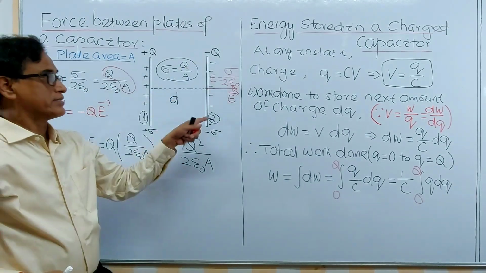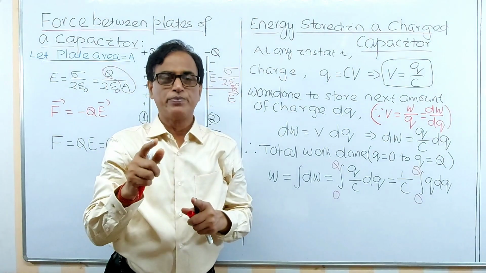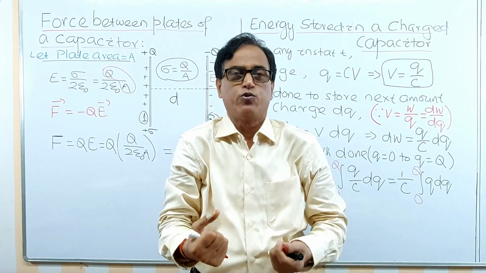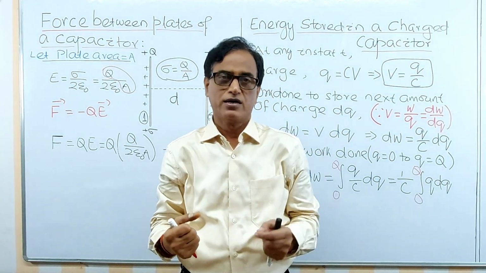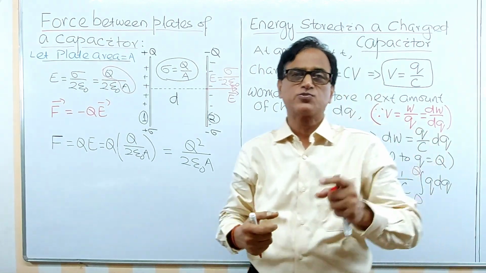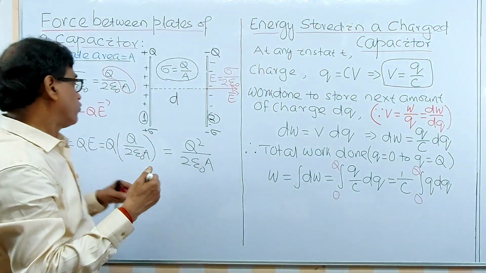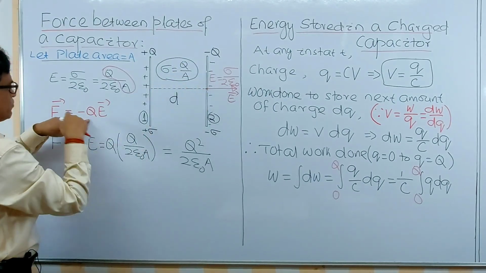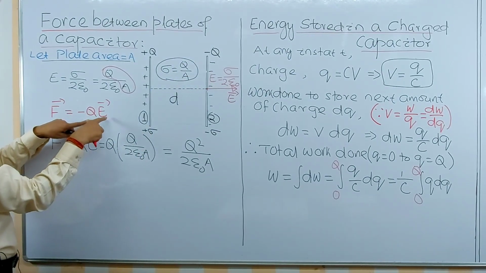Now this plate, this charge minus Q, being placed in that electric field, experiences a force. We know from electrostatics, a charge Q when placed in an electric field experiences a force. The force on the charge minus Q at this point is F equals QE.